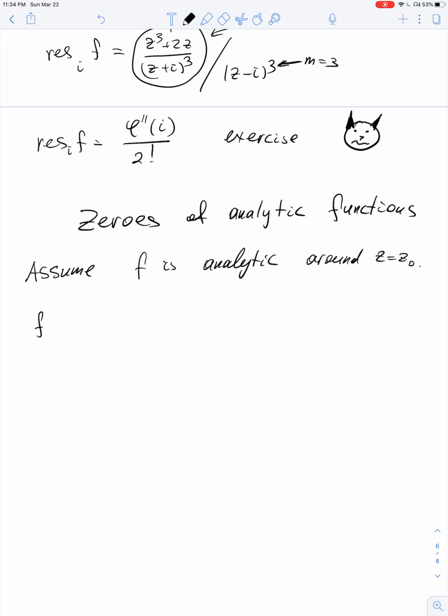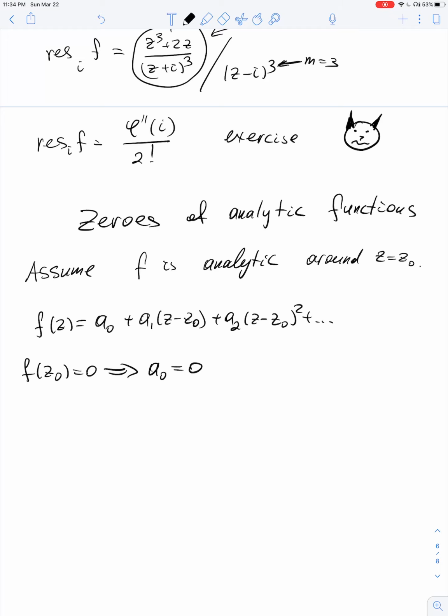Then f has Taylor series, Taylor expansion at z0, so no Laurent. And what does it mean that f has a 0 at z0? So in particular, this implies that a0 is 0.